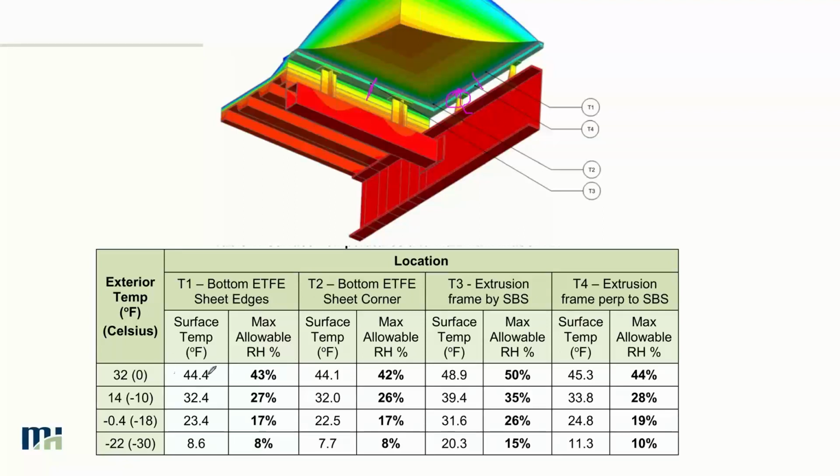Under these specific conditions, we've got pretty high, pretty acceptable RH and surface temperatures. But as we drop down to lower temperatures, all of a sudden we get pretty low allowable RH, right? Your surface temperatures are pretty cold, and our allowable RH is pretty small at that point.